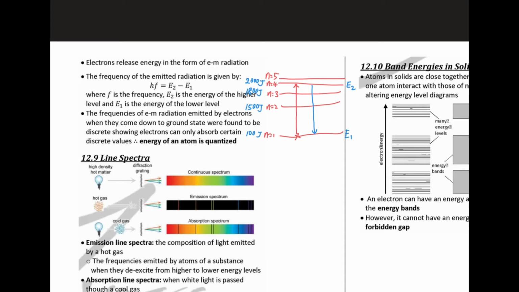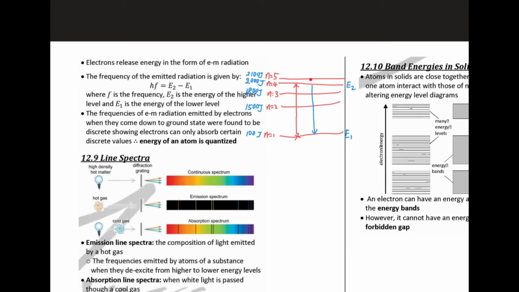So meaning that if you want to absorb energy, you either absorb 1004 to reach here, or you absorb 1700 to reach here, or you absorb 1900 to reach here, or you absorb 2100 joule, or you absorb 2000 joule to reach n equal to 5. So it is a fixed value. That's why we call it discrete.